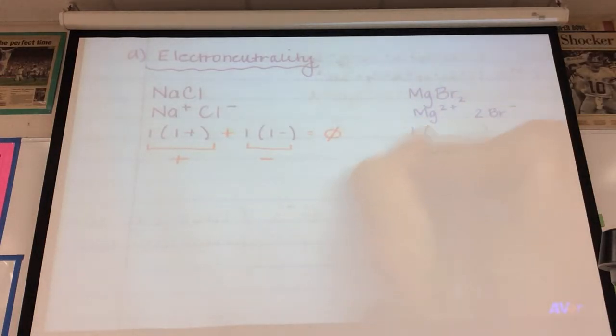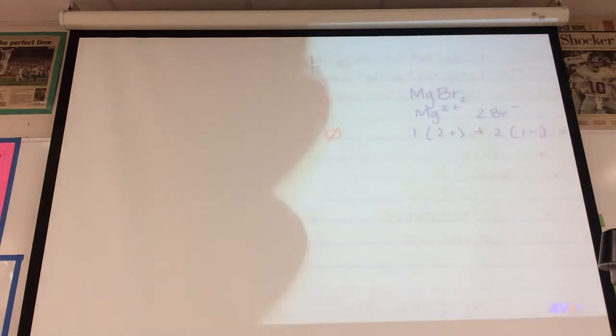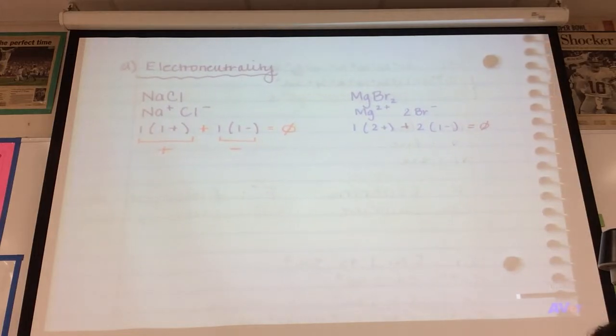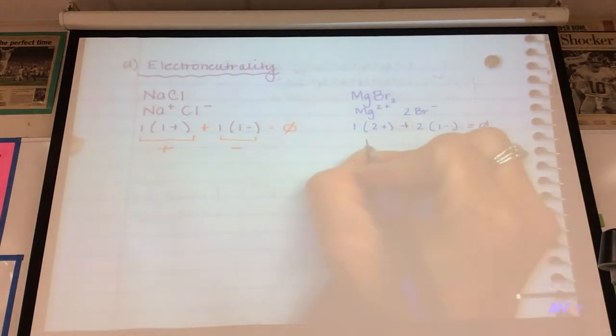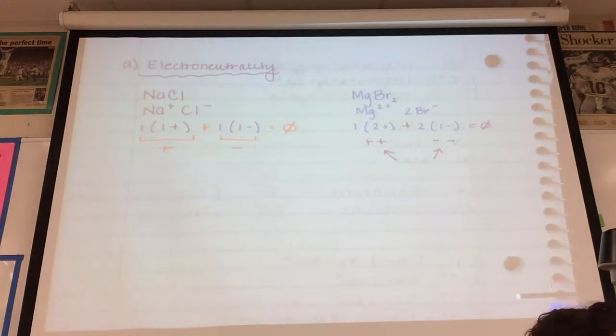So we have 1 2+ and 2 1- for a net equal to 0. So we have 2 pluses and 2 minuses. Electroneutrality, same number of plus as minus.